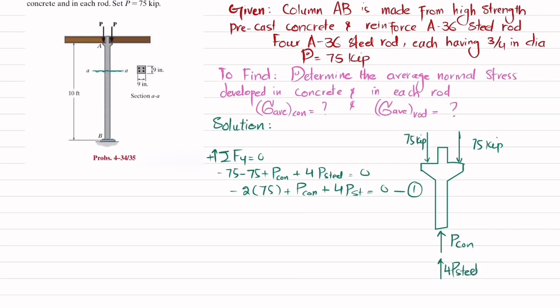Now what we will do is this: due to this load, the compression or change in length in this column AB will be the same in concrete as well as in these 4 steel rods. So I will write the compatibility equation. What does the compatibility equation tell us?